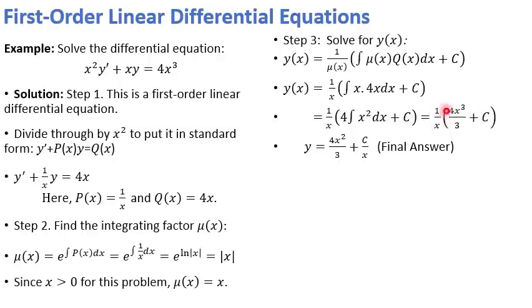Now when we just multiply this out, 4 multiplied by x raised to power 3, then all over 3 multiplied by x, which is 3x.